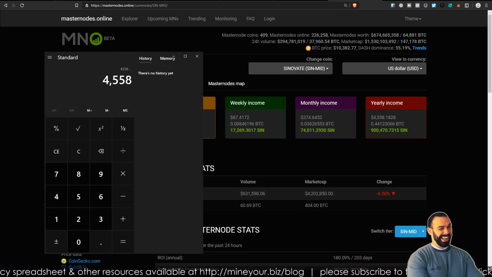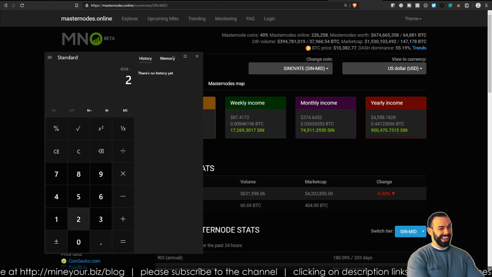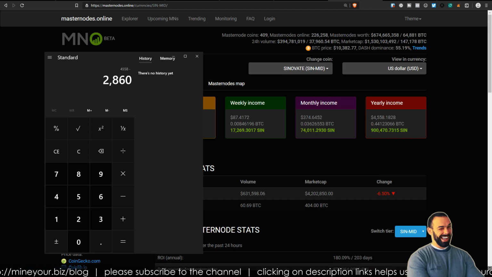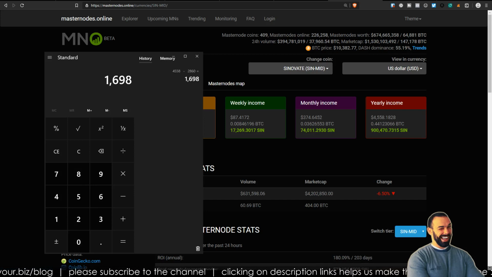And let's go ahead and just subtract. Let's round up and say that the cost for that masternode is, instead of being $2,500, actually, say, $2,800. So we'll say $2,860. You're still looking at a net profit of about $1,600 at today's prices if profitability holds, right? So pretty cool. Pretty darn cool.